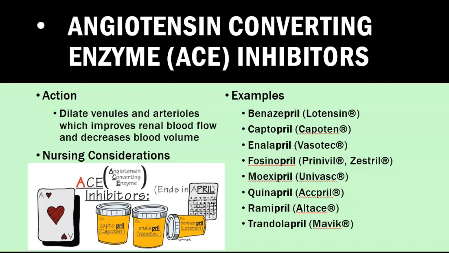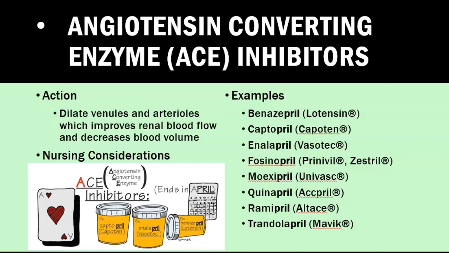Nursing considerations for ACE inhibitors. These can increase potassium levels, so you want to monitor lab values. These are contraindicated in pregnancy, lactation, and a history of angioedema. A main side effect that you will see with ACE inhibitors is a constant non-productive cough. Sometimes this can affect the patient so much that they will have to switch medicines.